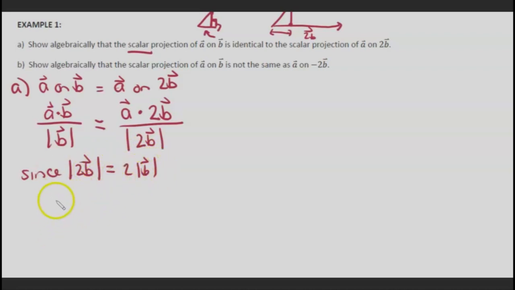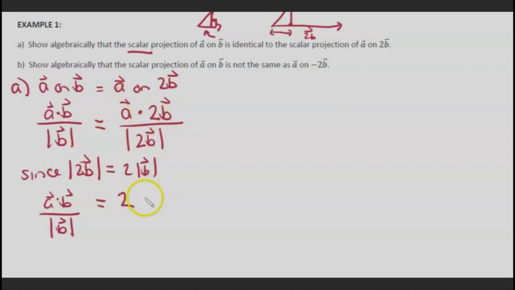Since these are the same, we're going to rewrite the first equation, and then the second one, it's pretty much like factoring out. I'm just going to rearrange this 2, so I'm going to pull out the 2. Remember, dot product and distributive property, any multiplication by a constant, it doesn't matter which order we go in.